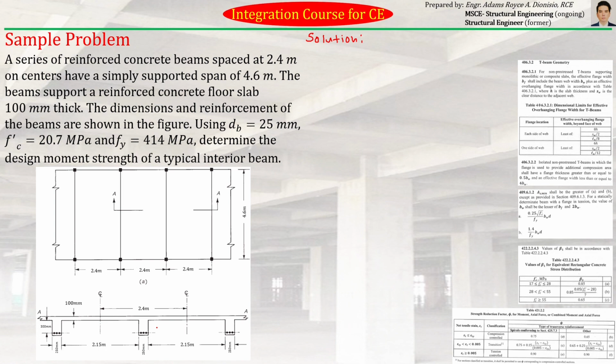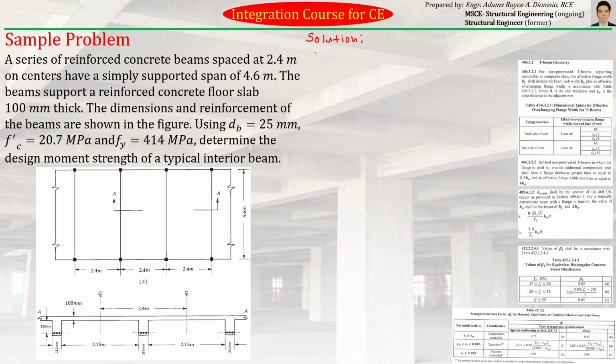Pag monolithic mo binuhusan yung concrete beam together with the slab, usually that will act as a T-beam. They will act as a whole section. Parang isang section na lang sila. They will not act as two separate elements na slab tapos beam. No, they will not act like that. They will act as one beam, which is what we call a T-beam. Okay, pag binuhusan mo na sila monolithically.